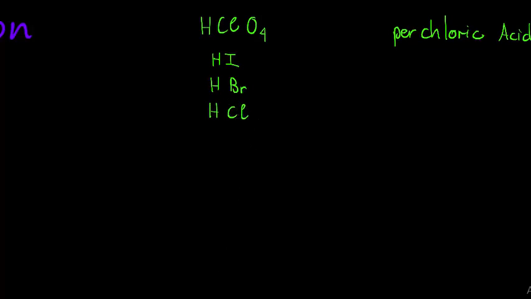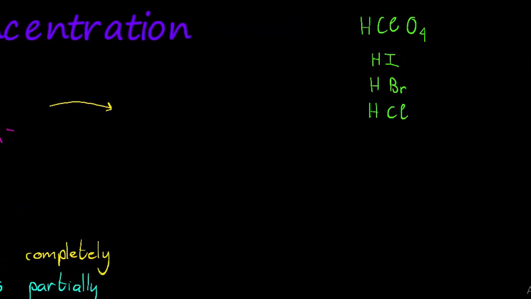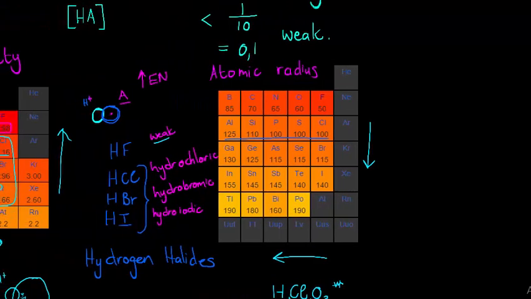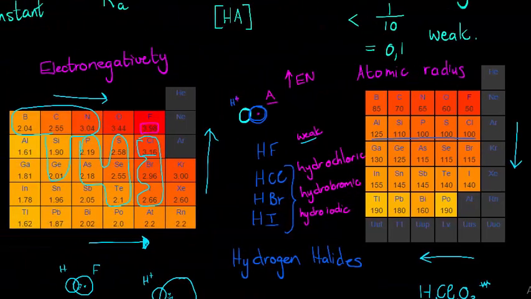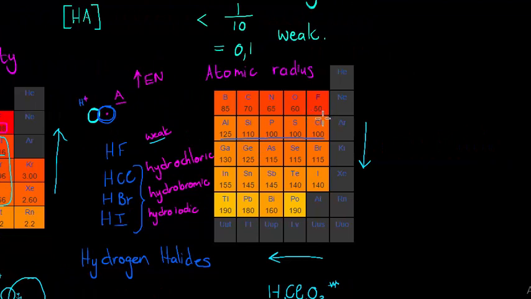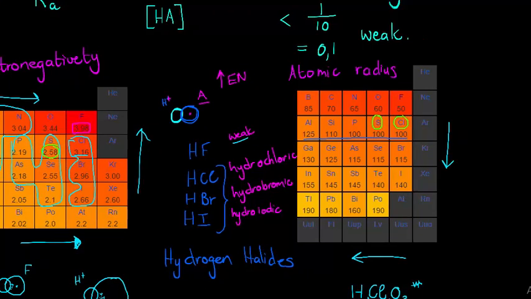Now let's go back to our table. After that, we'll have another polyatomic acid. That would be quite strong, and this actually became the definition of strong acids. If we see chlorine, the next relatively large one with a relatively large atomic radius is sulfur, and its relatively large electronegativity.